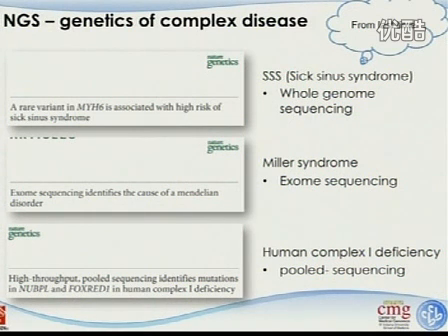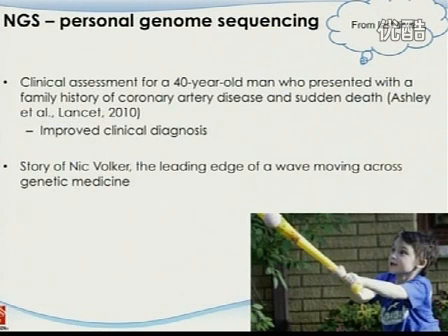The disease itself is not important, but the first paper represents an example of whole genome sequencing after a genome-wide association study, identifying some meaningful biological results. The second one is Miller syndrome, which used exome sequencing, a very good study as well. And the third one is a study that used pooled sequencing. If you're interested, go back to the papers for details.